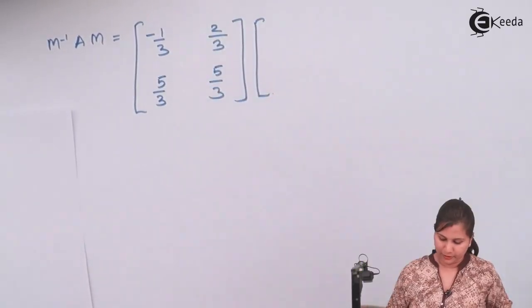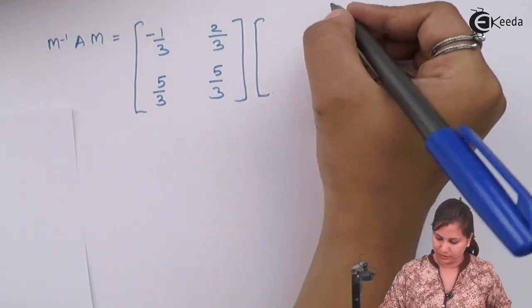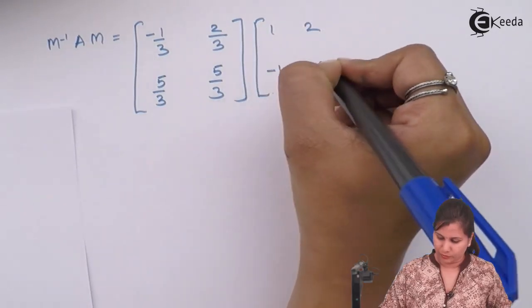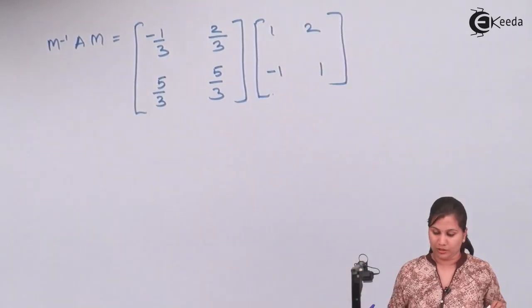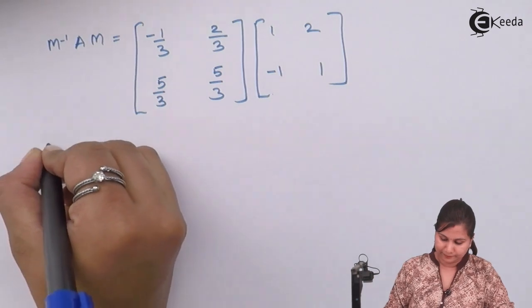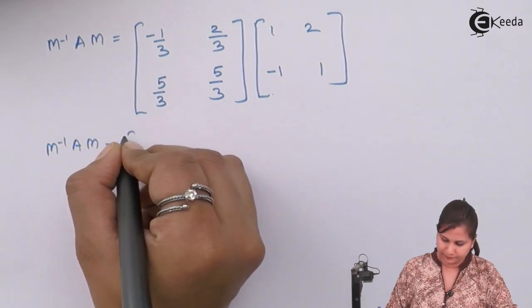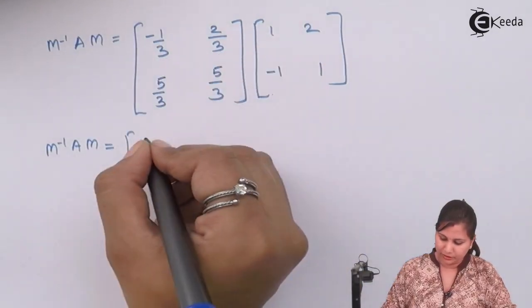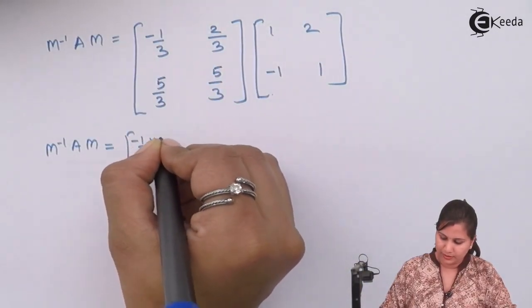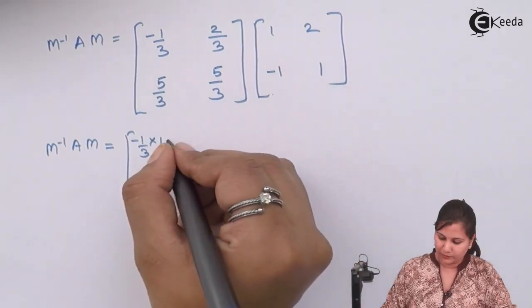Multiply this with 1, 2, minus 1 and 1. So let's multiply this. Minus 1 by 3 into 1 and 2 by 3 into minus 1.